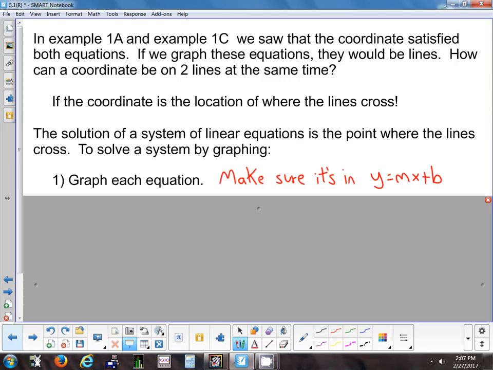On the back side of your sheet, you have 1, 2, 3 numbered with blanks. So on that first blank, you want to write in, graph each equation, make sure it's in y equals mx plus b form. You want to do that right here, right next to number 1.